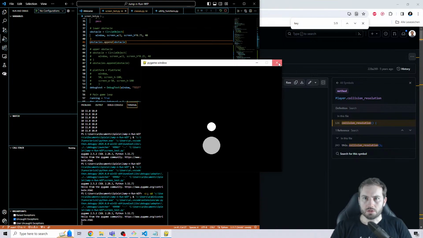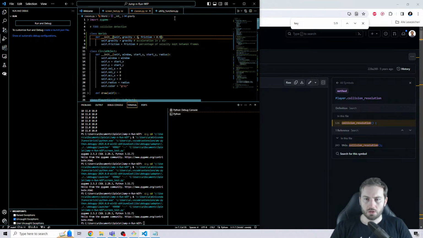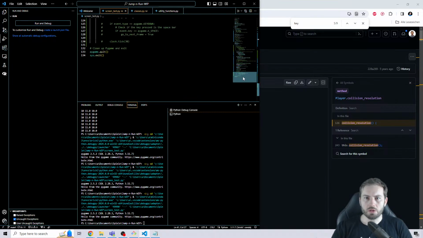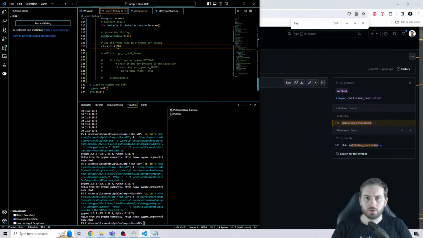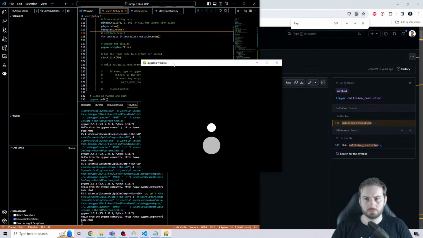Okay, let's maybe change the gravity values here a little bit again. 0.5 should do it. Yeah, friction. And let's also maybe go down to 30 FPS again. Yeah, it bounces higher at some times. It shouldn't be the case.